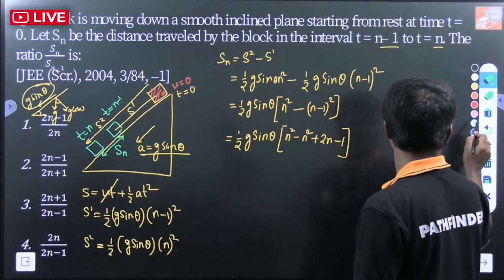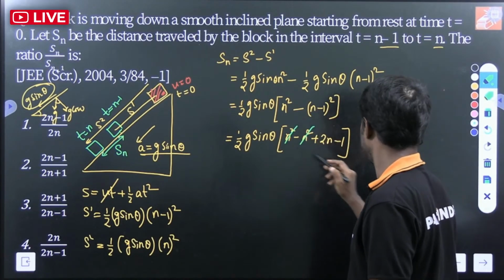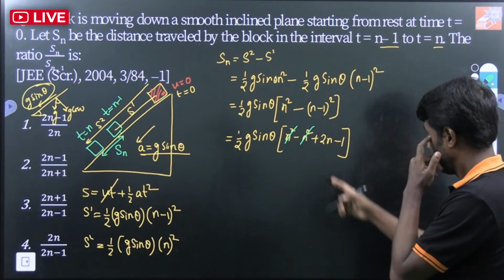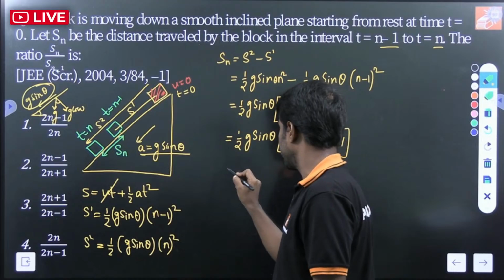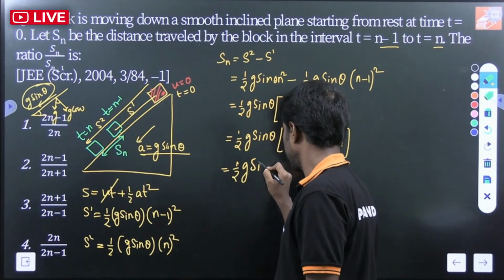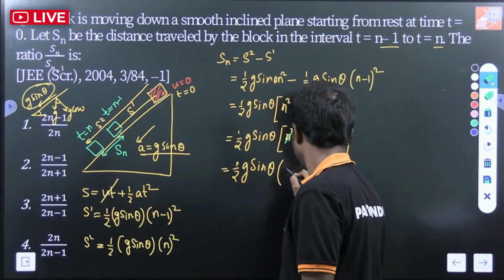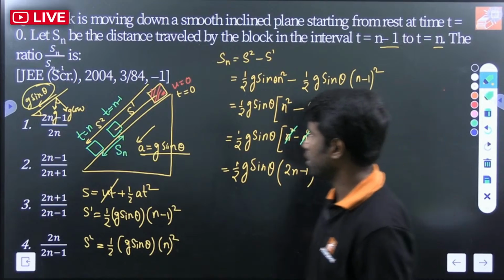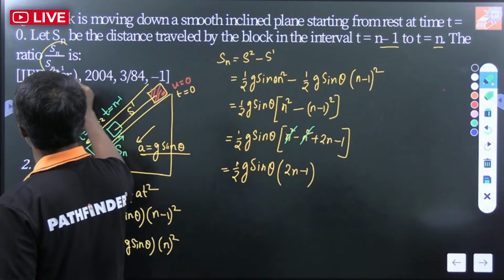Now n square and n square get cancelled. So finally we have 2n minus 1, so Sn equals 1 by 2 g sin theta into (2n minus 1). They ask for Sn by Sn plus 1.